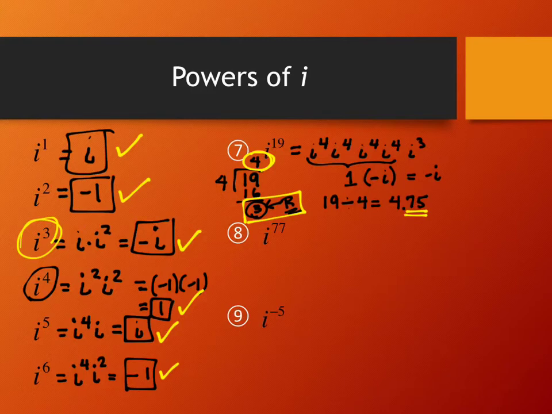A 0.75 is equivalent to a remainder of 3, right? Because it's 3/4. If I had gotten something with a 0.5, that's equivalent to a remainder of 2, because it's 2/4. And if I were to get a 0.25, that's equivalent to a remainder of 1.